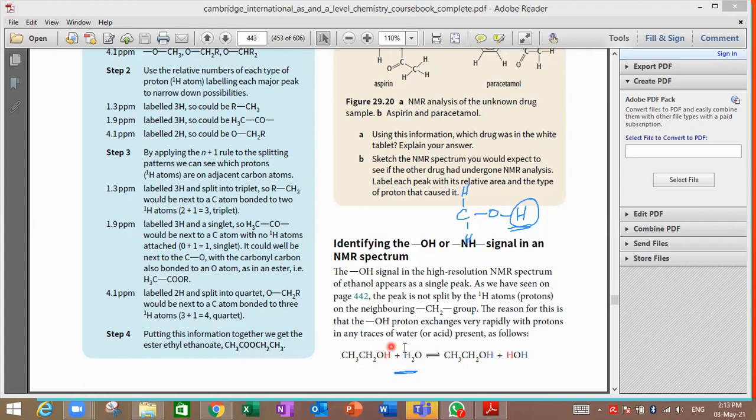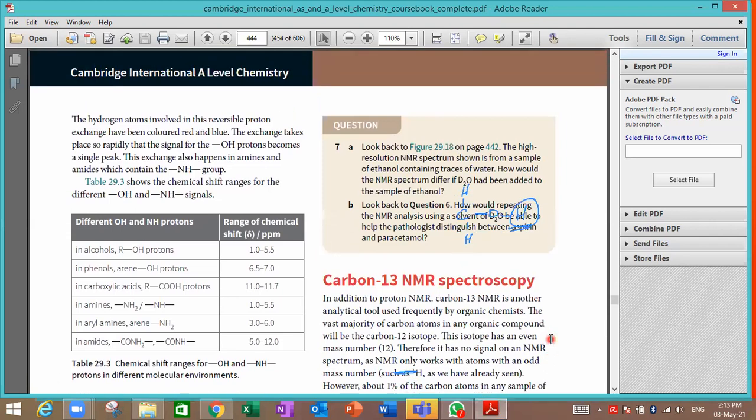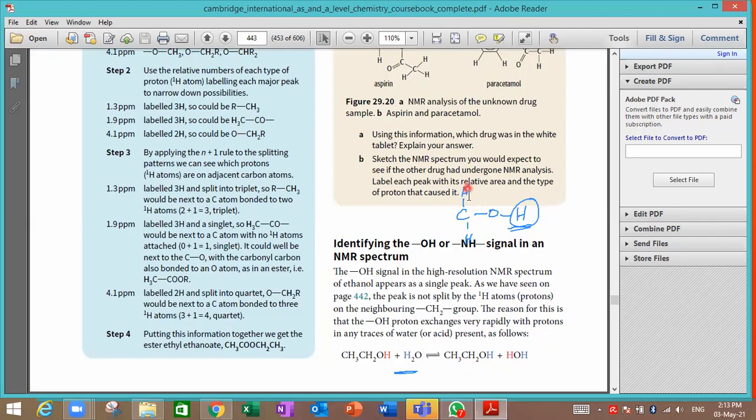This hydrogen goes to the water and the water gives it its hydrogen, and in the next second they exchange places once more to return as they are. This exchange happens so quickly and in such a very small time that it does not allow the hydrogens on the neighboring carbon to split it. Understand? Yes, okay, miss. Okay.